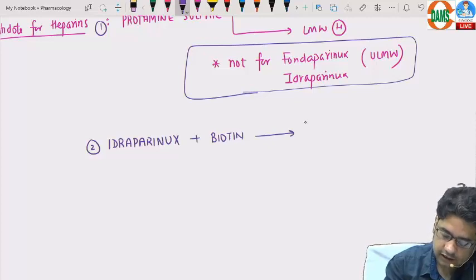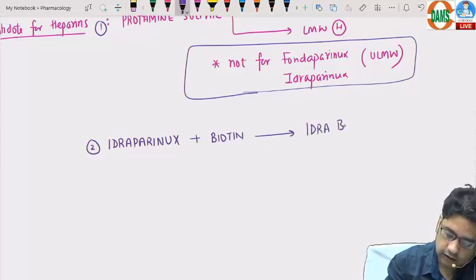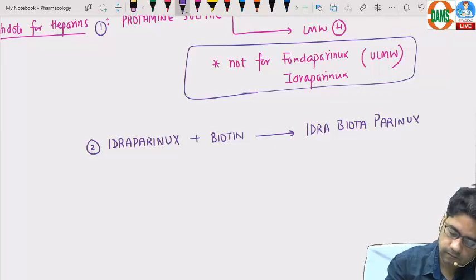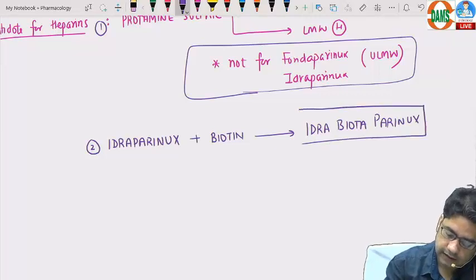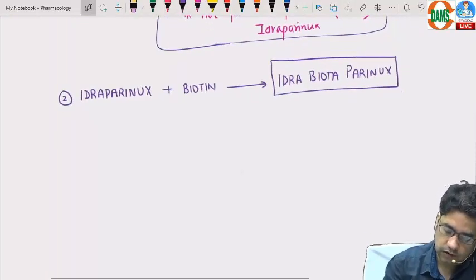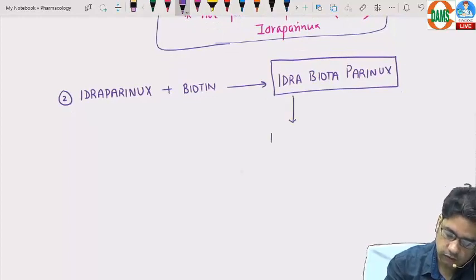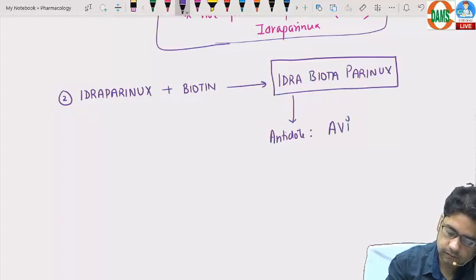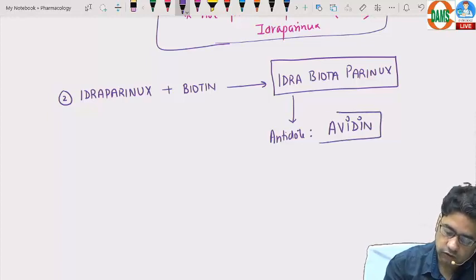And this drug has now become Idra Biota Perinux. For this we have an antidote, that is Avidin. We have an antidote for this drug.